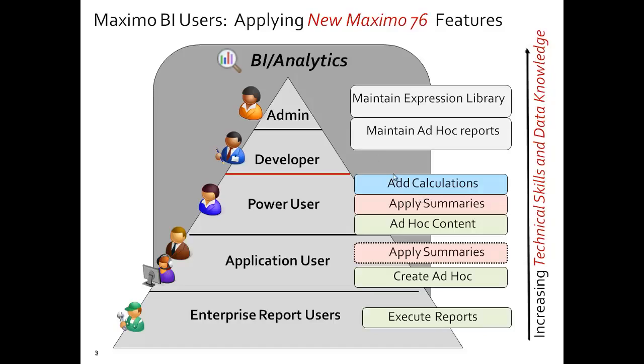So again, the person that has the ability to create a calculation is very skilled in Maximo, has a very strong depth of the Maximo database and understanding that, and also is very careful and conscientious, so that for the person creating the ad hoc report, we know that the data resulting from that is correct.